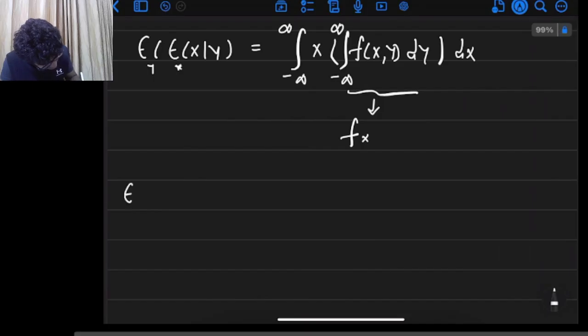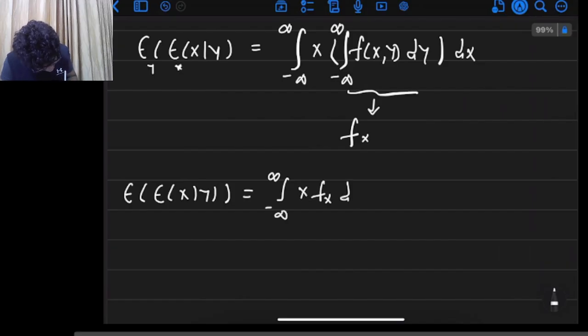Which means that the expectation of x conditional y gives me the integral from negative infinity to positive infinity of x f(x) dx, which equals the expected value of x, right?